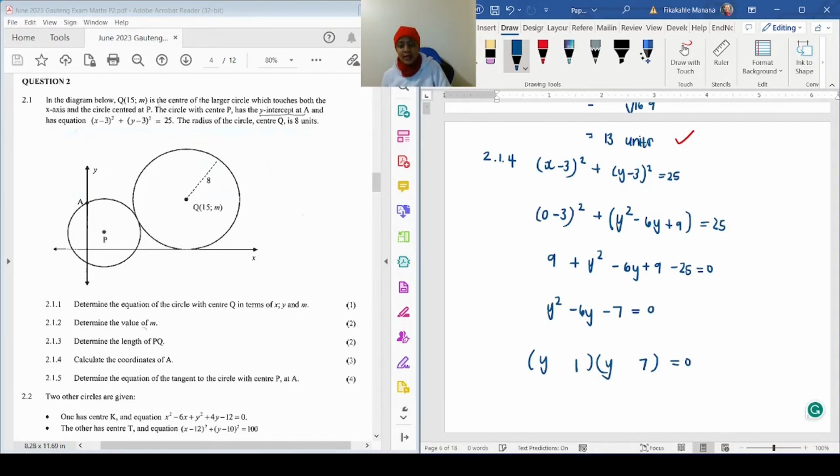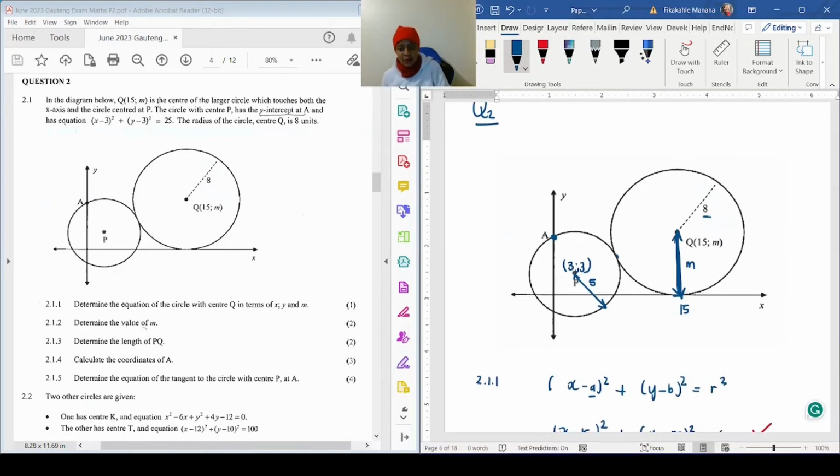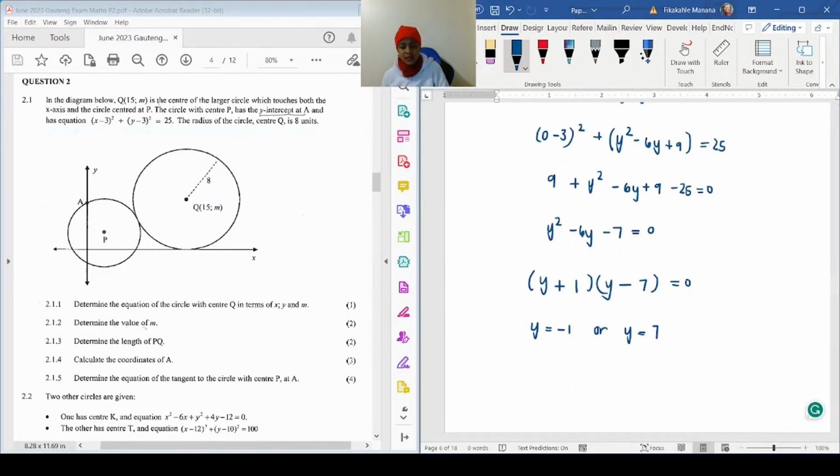So y can either be equal to negative 1 or y can be equal to 7. Since the coordinates of A can only be 7, not negative 1, therefore A is (0, 7). And that is 3 marks.